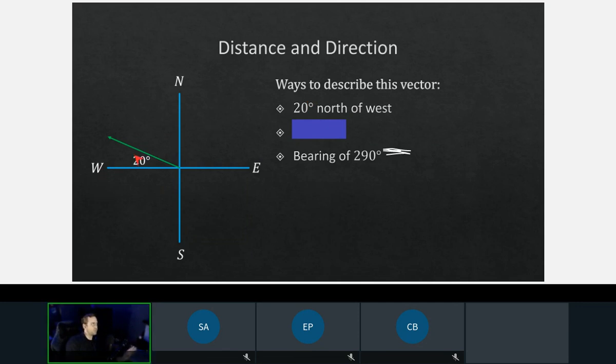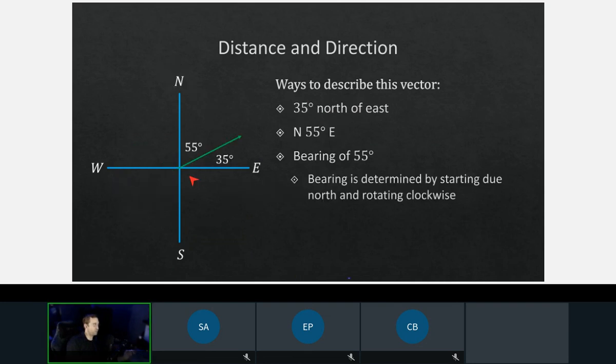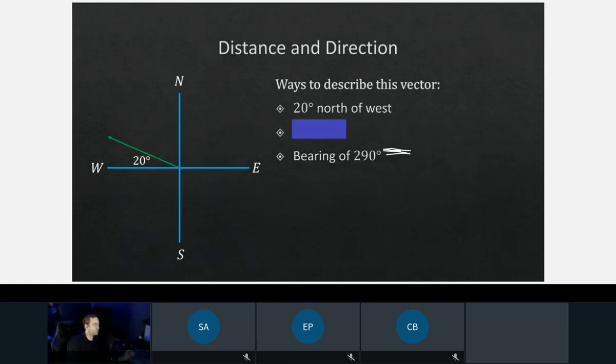You want to use the reference angle, whether it's 20 degrees in this one, 40 degrees in the previous example, or 35. So you're going to be either north or south of east or west. And we are 20 degrees north of west.